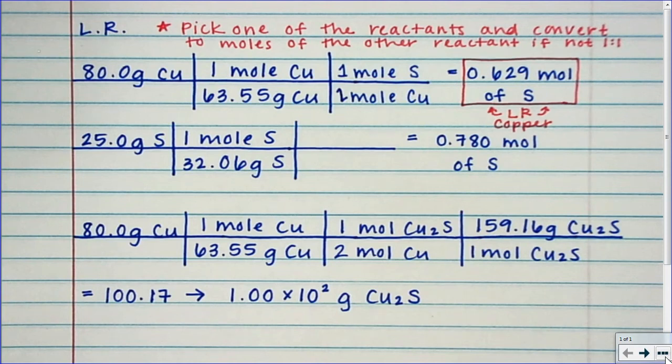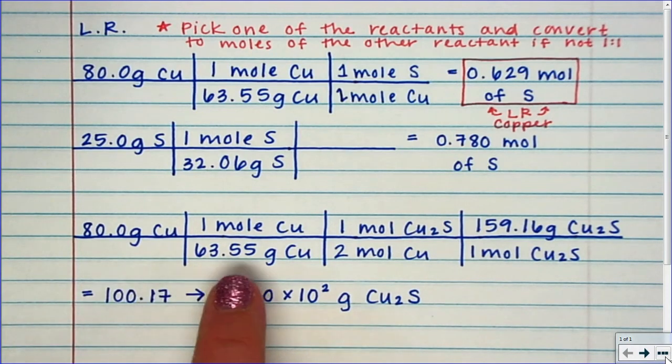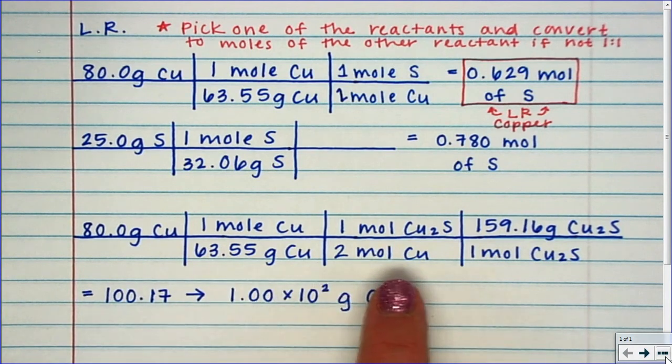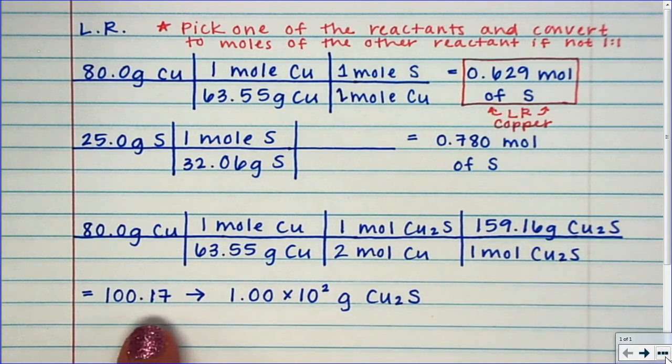And so taking our limiting reagent to start out with, which is our 80.0 grams of copper, we want to go through the gram to mole conversion, the mole to mole conversion, and the mole back to gram conversion to get our final answer. And we want to make sure we have sig figs. We started with 3 sig figs, so we need to end with 3 sig figs here. And that's how we get our scientific notation so that those 2 zeros count in our significant figure amount.